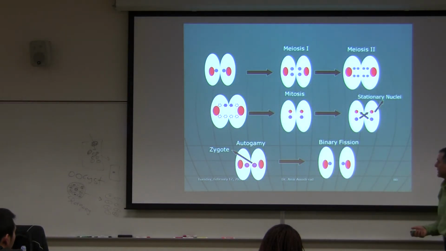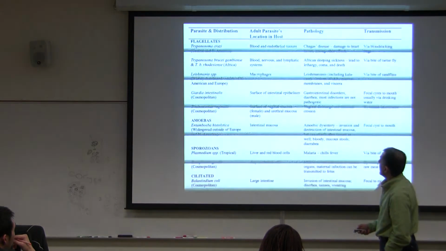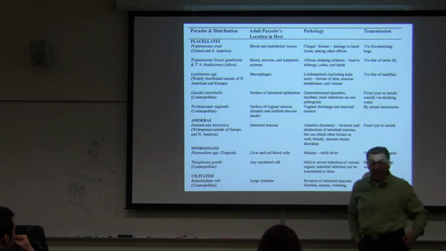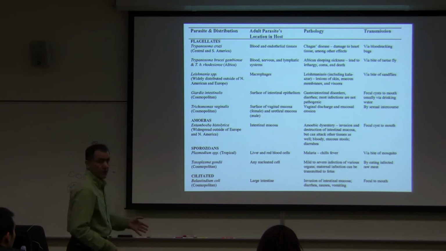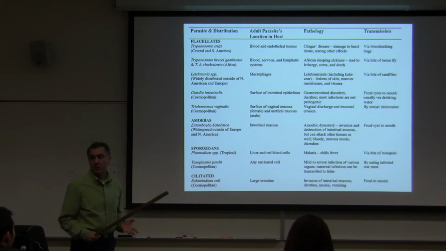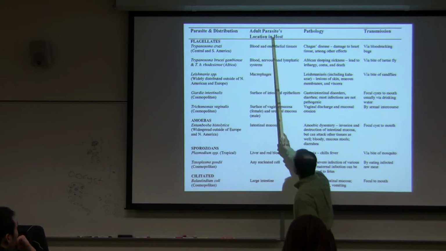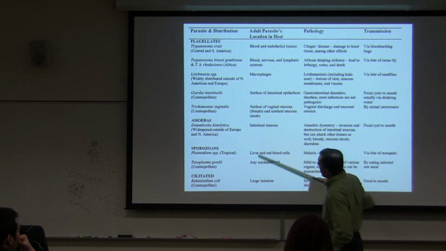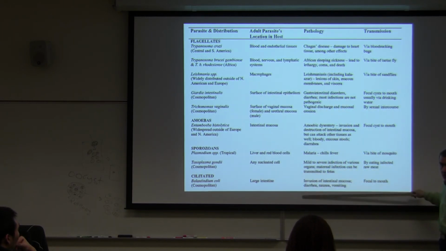Here is a nice picture. A student did it for me. Same thing as the last one, of course, more PowerPoint. And this is a list. Definitely you should know this for your exam purposes. It puts together most of the things we talked about. One thing that you should also know: adult parasites, location in the host, the pathology, the disease they cause.